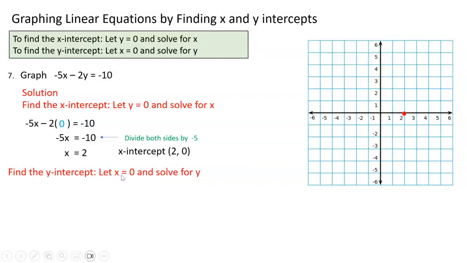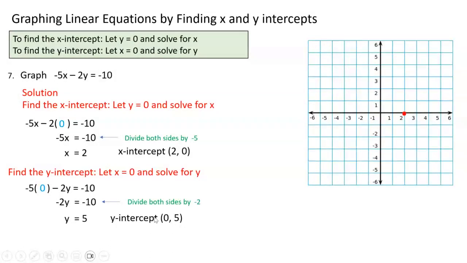To find the y-intercept, you're going to let x equal 0 and solve for y. So we're going to let x equal 0. This becomes -2y equals -10. We divide both sides by -2. So y equals 5. So when x is 0, y is 5. So this is my y-intercept. So we're going to go to 0 for x and all the way up 5 for the y.